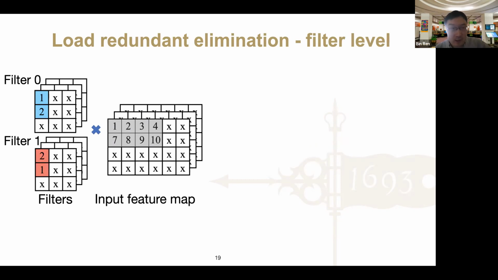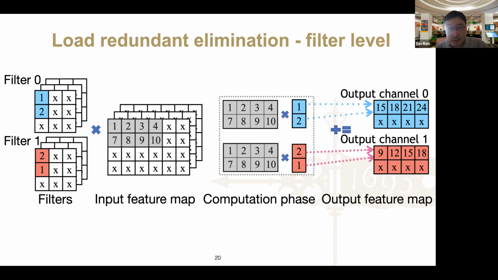We can reorder these filters and do this computation simultaneously. Then they will require the same data, the first row and the second row of the input feature map, so we can load this data into the SIMD register only once instead of twice. This way, we can also reduce the memory load, especially from the cache to the register.